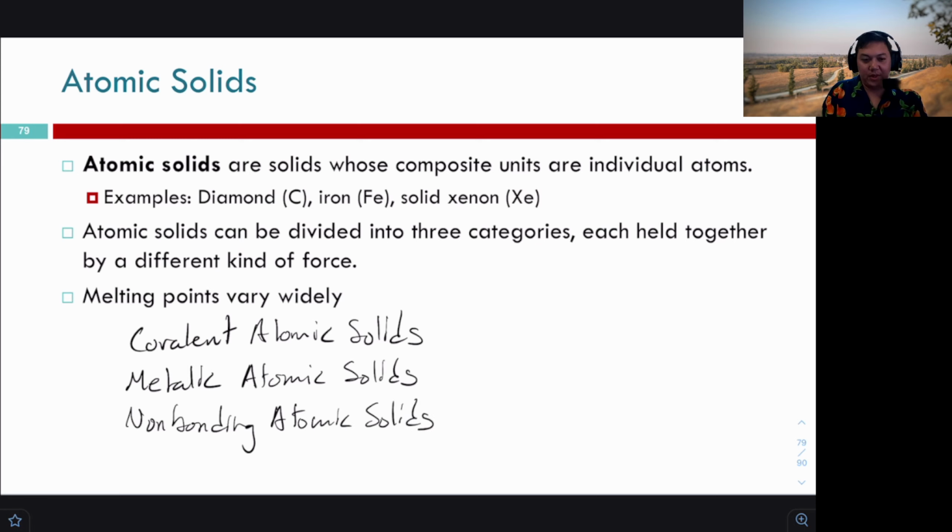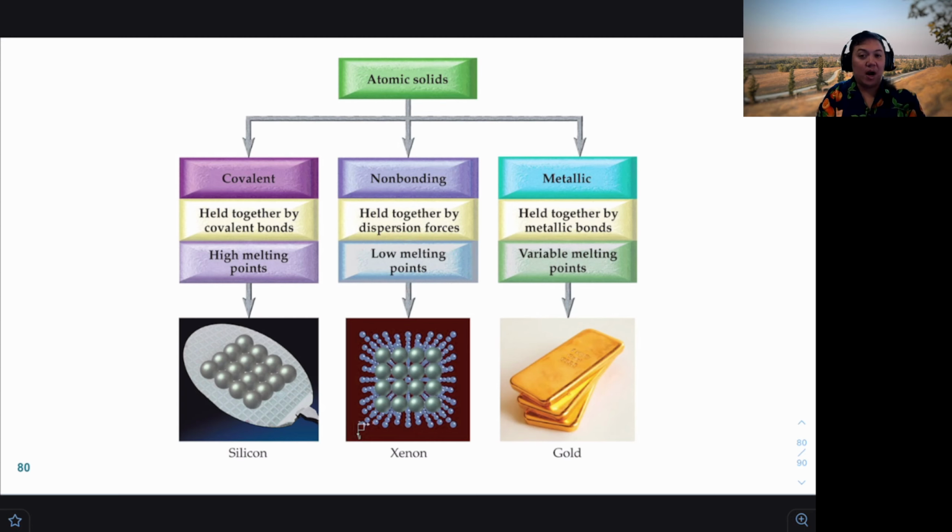This is what Fritz London was trying to explain when he proposed dispersion forces. Things like xenon, essentially the atoms stick together only because of the dispersion forces, and so it takes very, very low temperatures for those solids to form. Metallic solids, we won't talk about these very much, but they're held together by metallic bonds, and they have variable melting points.